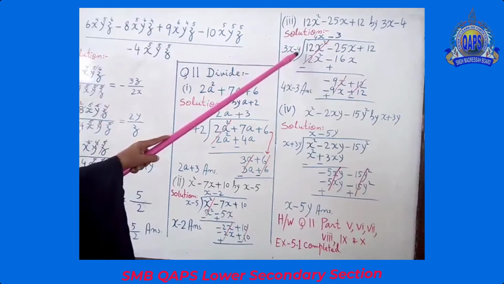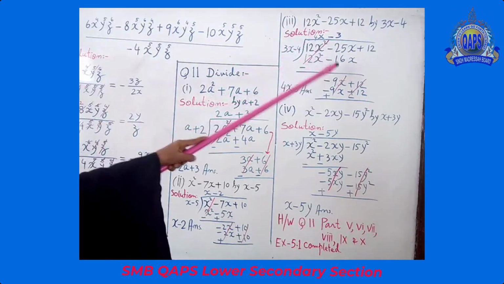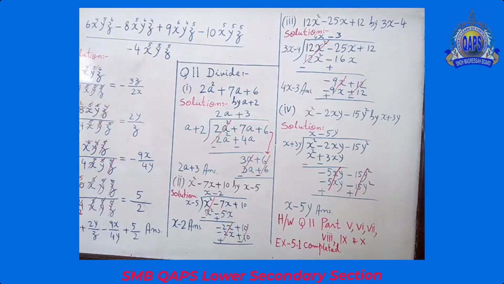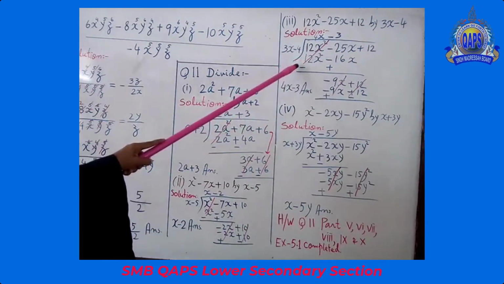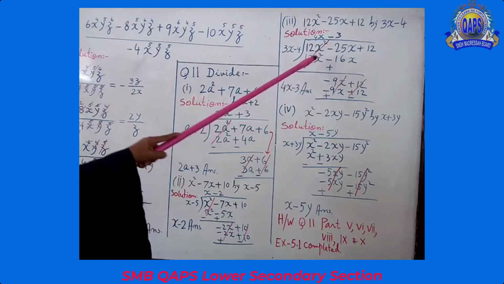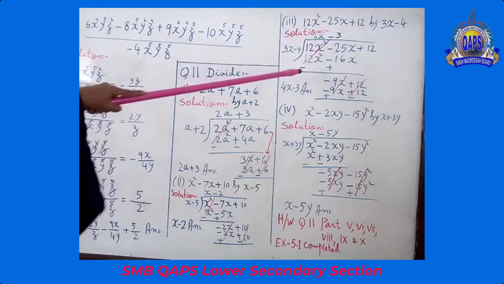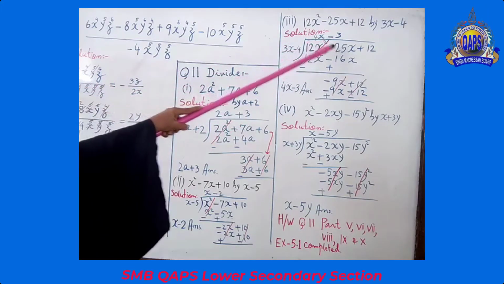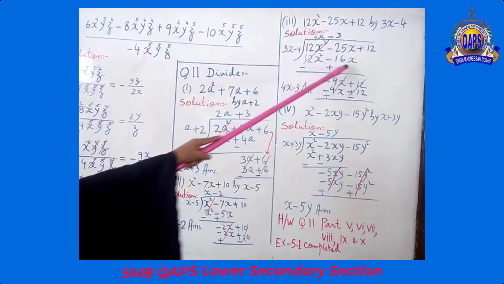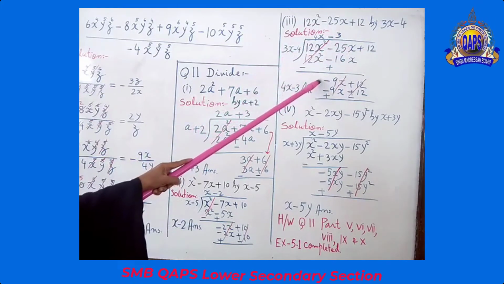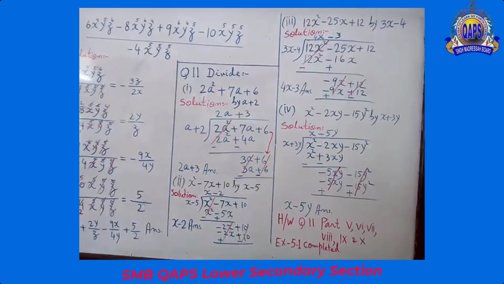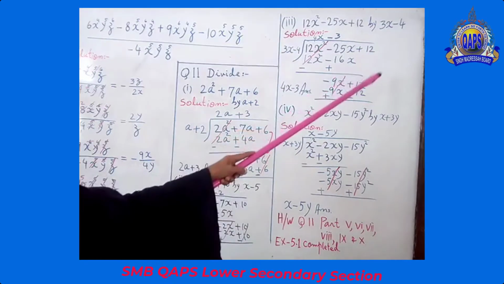4x multiplied by minus 4, it will be minus 16x. Change the sign. It will be minus, it will be plus. Plus minus cancel. This is minus 25x, this is plus 16x. So left minus 9x. And now this 12 will come over here.